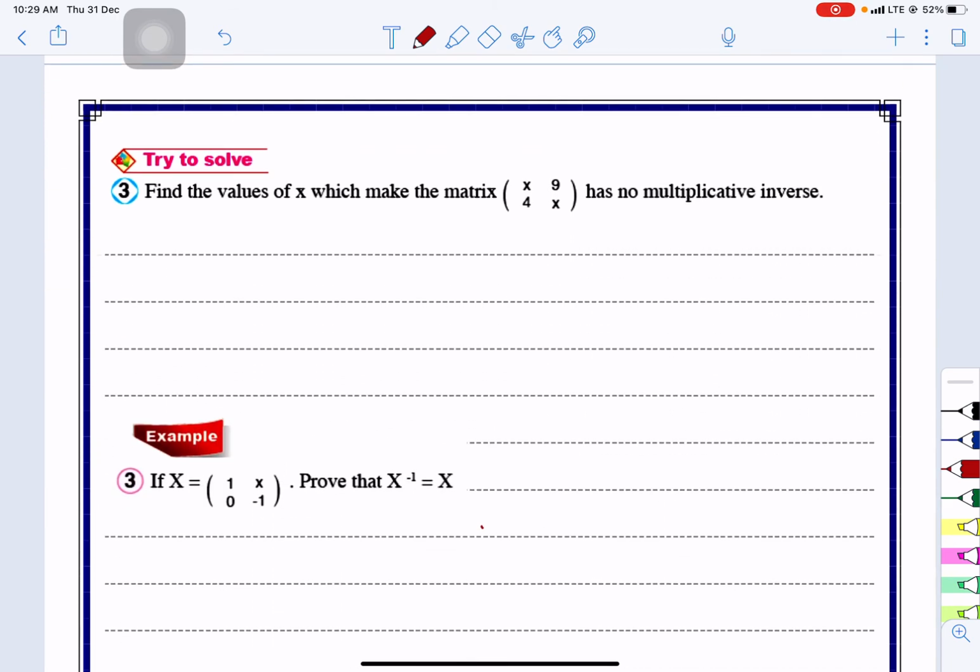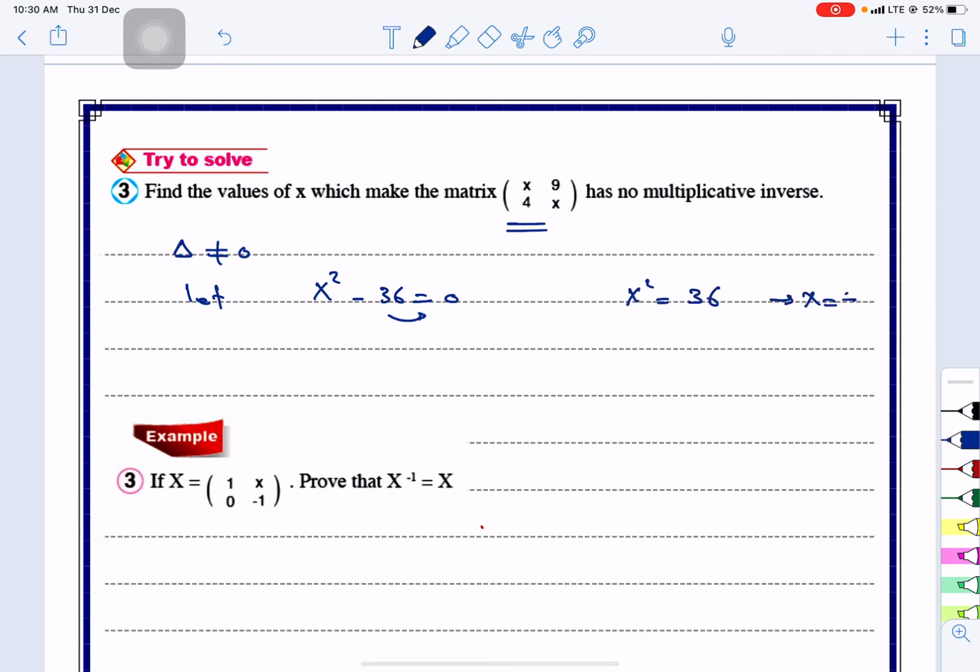Try to solve. Find the values of x which make the matrix x, 9, 4, x have a multiplicative inverse. At first, if this matrix has a multiplicative inverse, then the determinant delta is not equal to 0. So x square minus 9 times 4 equals 36 equals 0. Let the determinant equal 0. So x square equals 36.